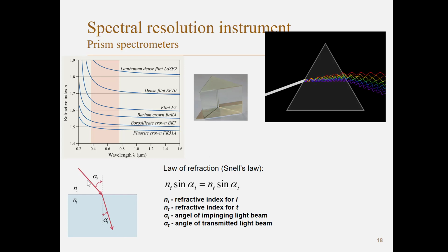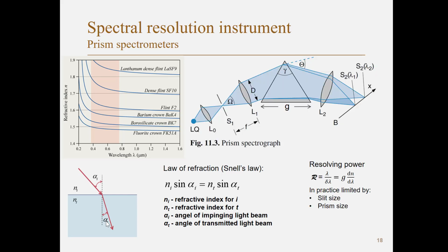The index of refraction for the first material times the sine of alpha, the incident angle, is equal to the index of refraction of the material afterwards times the sine of the angle coming out. So this is how the beam changes angle. Now we would like to use this to measure what wavelength the light has which comes into our spectrometer.